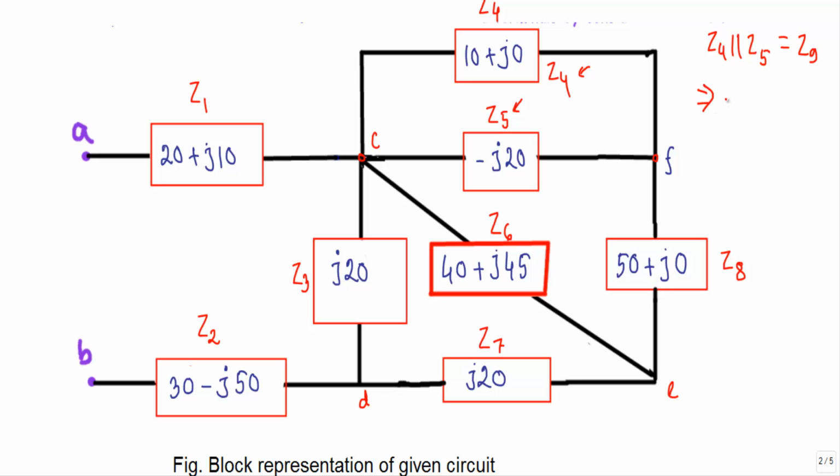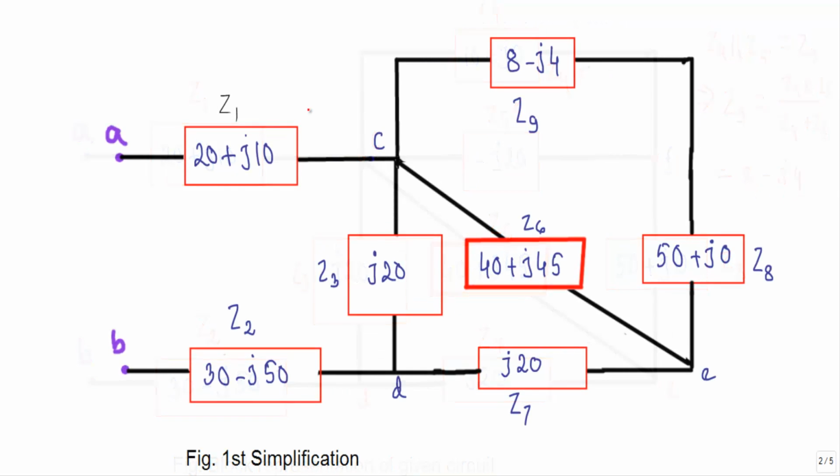So our Z9 will be equal to Z4 into Z5 divided by Z4 plus Z5, and that will be equal to 8 minus j4. So that will give us the first simplification of the circuit. I will replace Z4 and Z5, these two branch impedances, with a single branch impedance of 8 minus j4. So this will be our first simplified circuit.